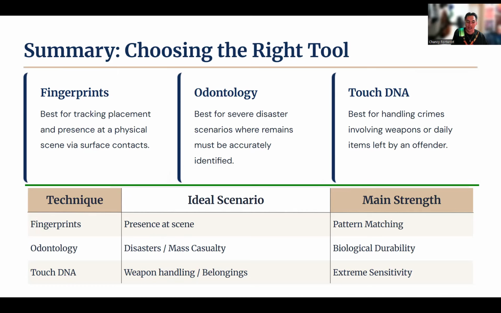And touch DNA gives us extreme sensitivity for handling crimes involving weapons or daily items, but that sensitivity makes it fragile and highly vulnerable to secondary transfer. This means that your cells could end up on an item you've never even touched before.